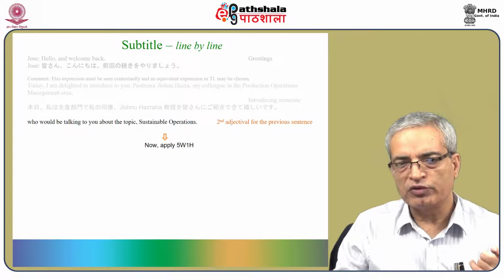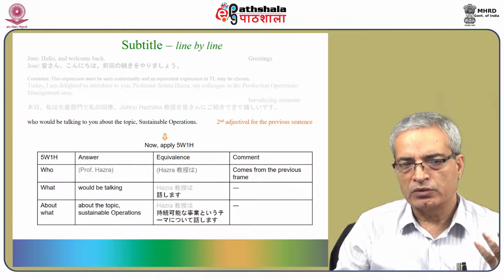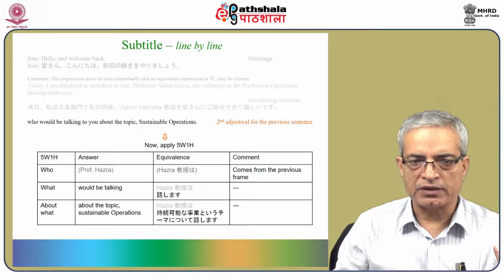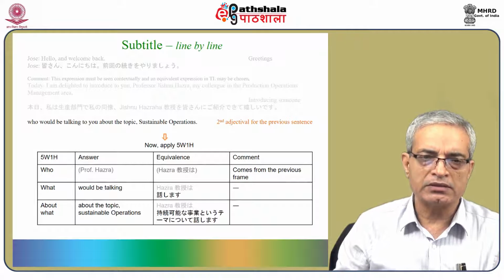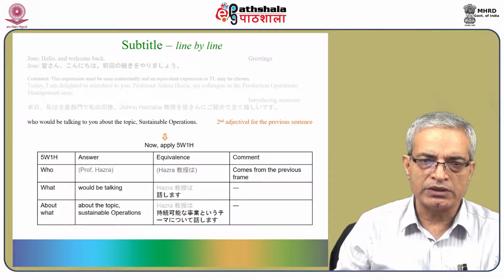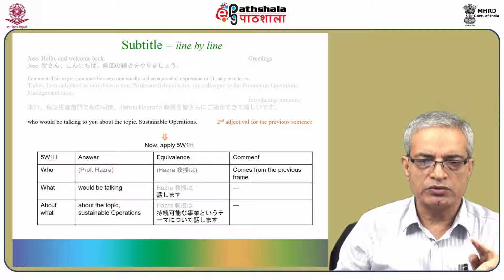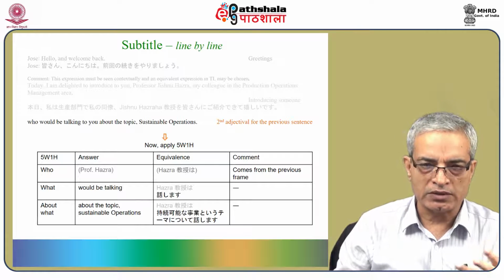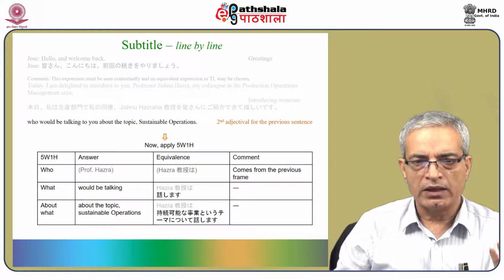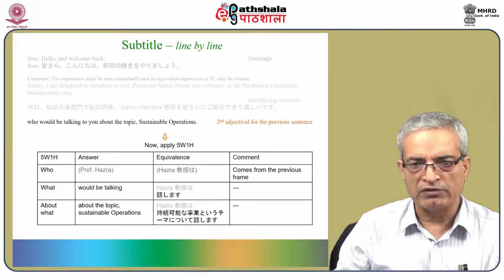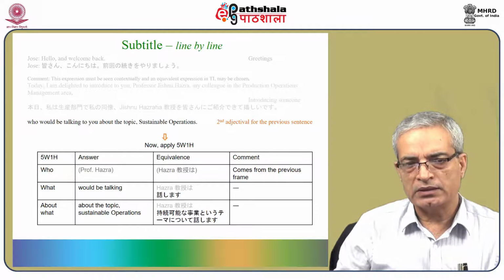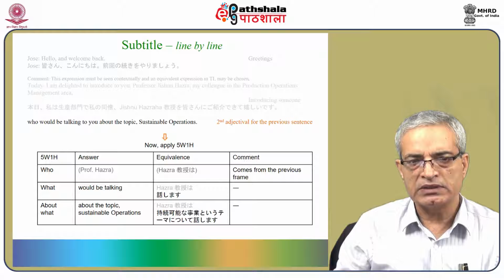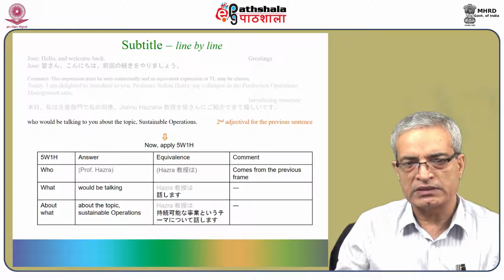Let's apply 5W1H. The questions can be who, what, when, etc. But the hint here is that you start with something. It says who would be talking to you. So there's a hint already there. So I say who. The answer comes Hazara Kyoju. And because this will be most probably wa will go with it. And then what is he? Who is he, or what he is saying?